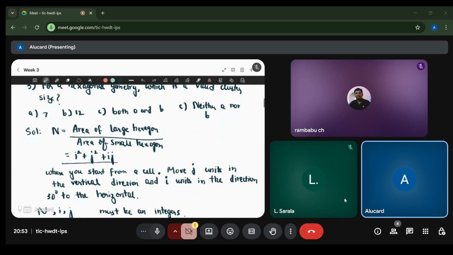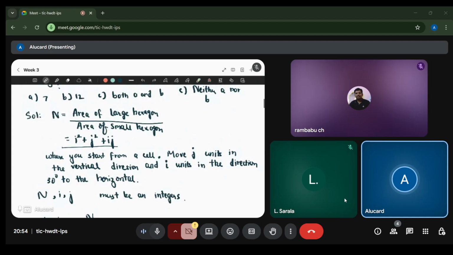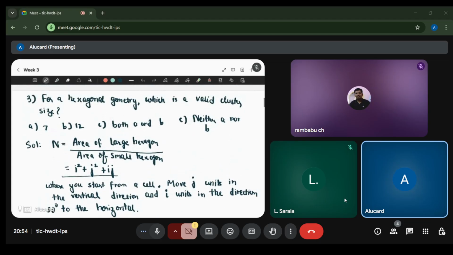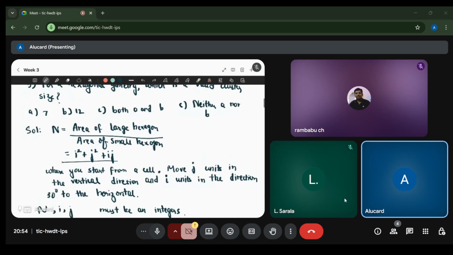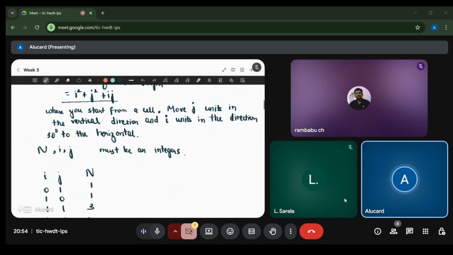And we saw in the previous week that the cluster size N is the area of the large hexagon divided by area of the small hexagon, which is i squared plus j squared plus ij, where in the normalized coordinate system, you move i units in the direction which is 30 degrees to the horizontal and j units in the vertical direction, moving from one cell to a co-channel cell. So i, j and N are all integers.